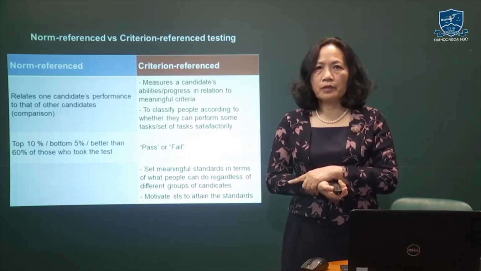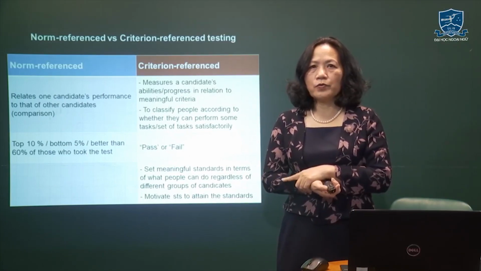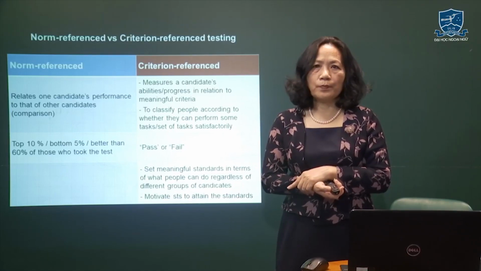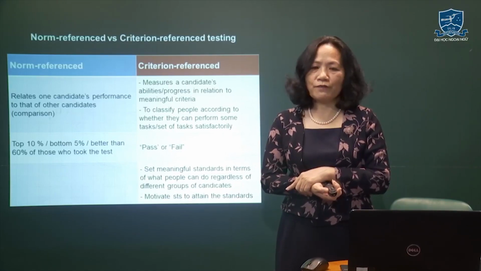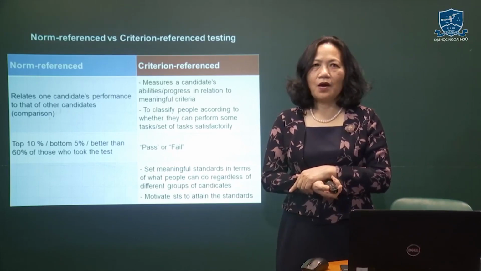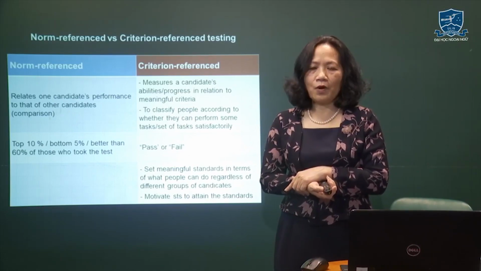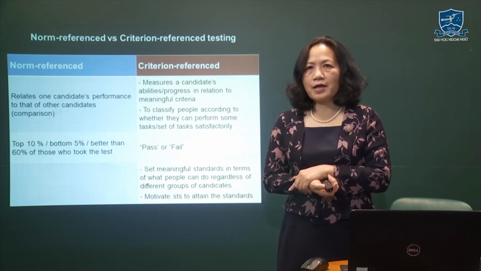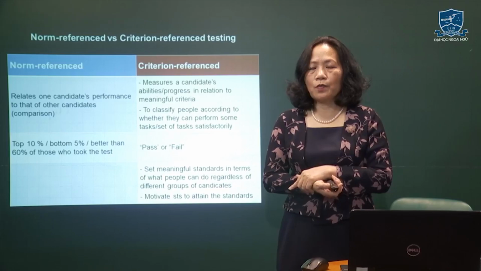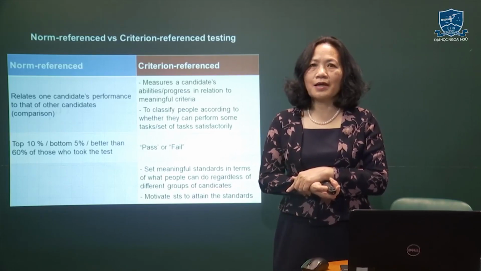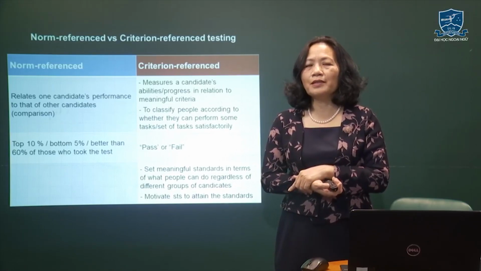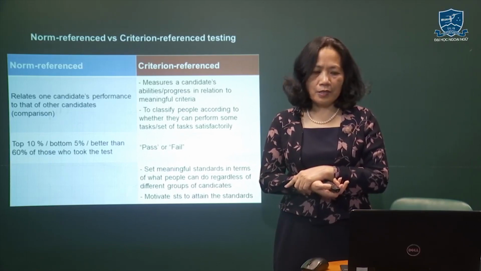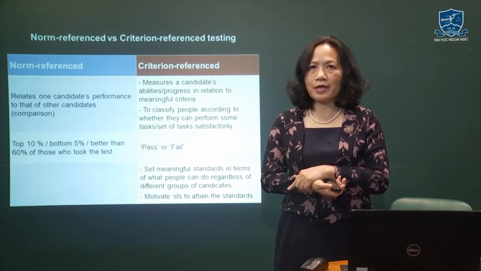For example, after doing the test, you will group the students according to the results, like top 5 or top 10, or bottom 5 or bottom 10, or you can use a percentage, and decide that the student is better than 60% of other students who took the test.